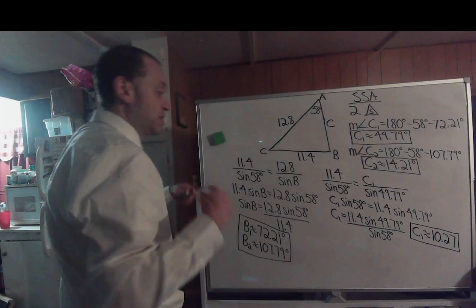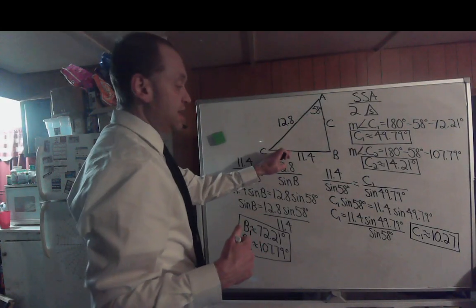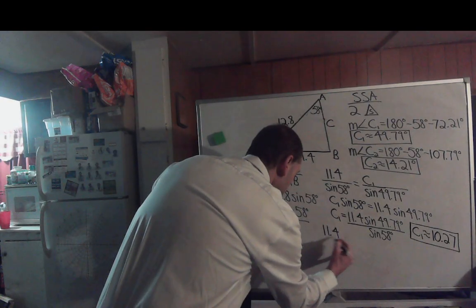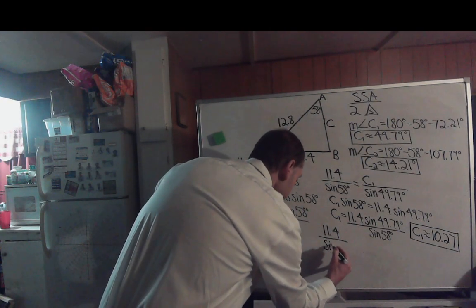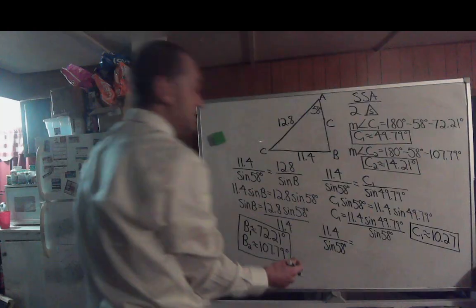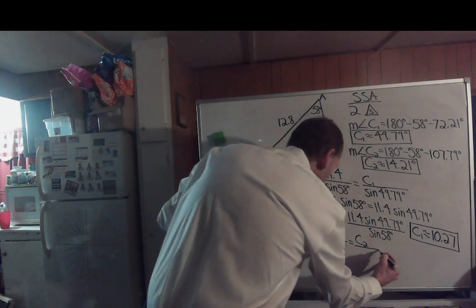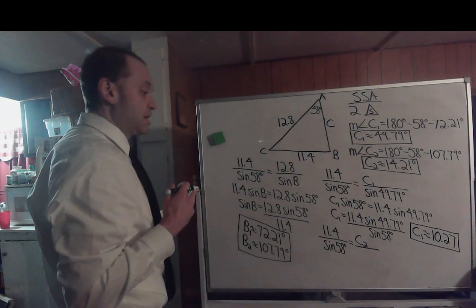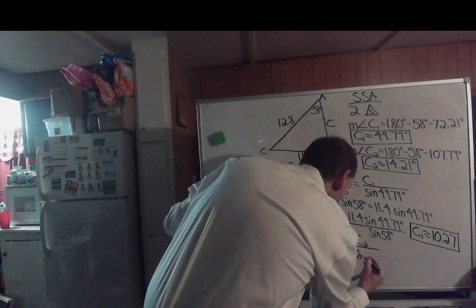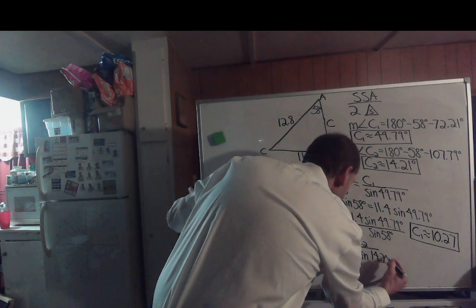So set up your sine of A to side A, so that side A is 11.4 over the sine of 58 degrees. But this time we want to find the second possibility for side C, so that would be C2 over the sine of your second angle C, which would be over the sine of 14.21 degrees.